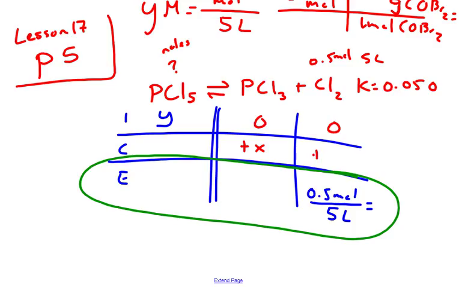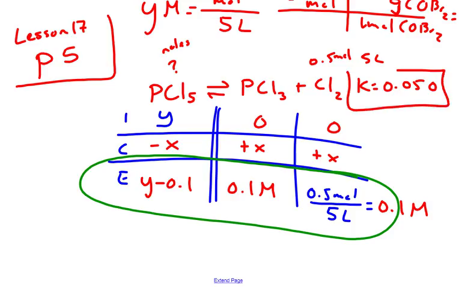Again, this would be plus, this would be minus. Okay? So x looks like it's 0.1. So then you can go from there, make it equal to here.